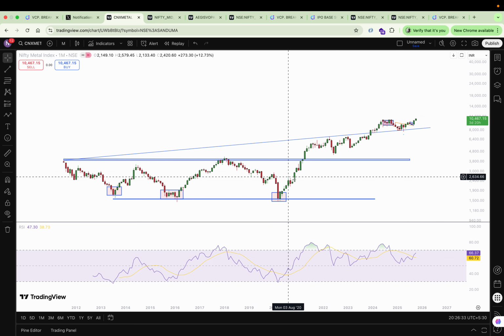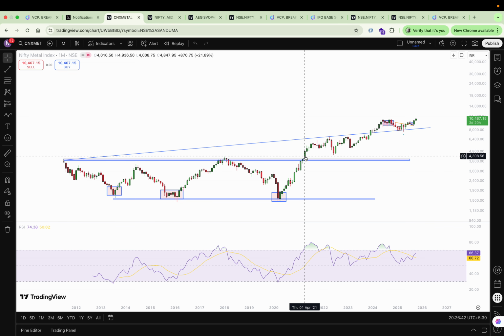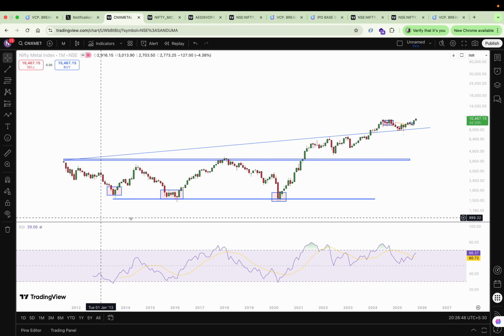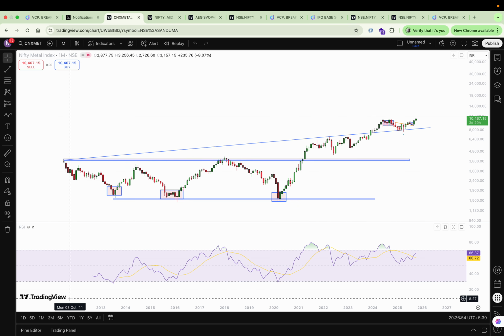If you can see the long-term chart, whenever you see a long base breakout, that's when you have to hold the stock or index for midterm. Suppose this is a stock and you are seeing such a big base breakout, then don't book early. You have to keep holding for midterm.